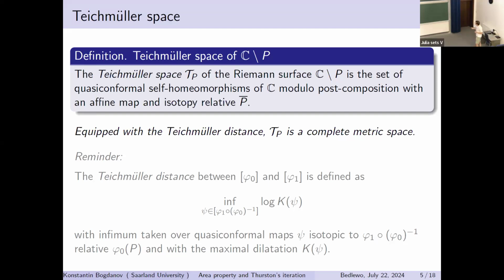Here is the definition of the metric, but I think we won't need it very much in this talk.